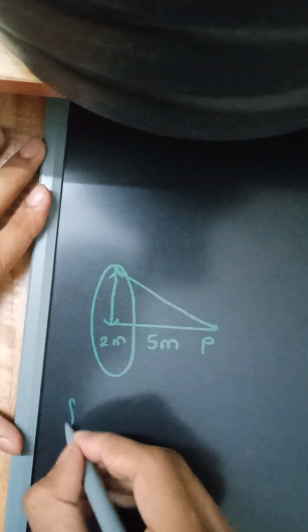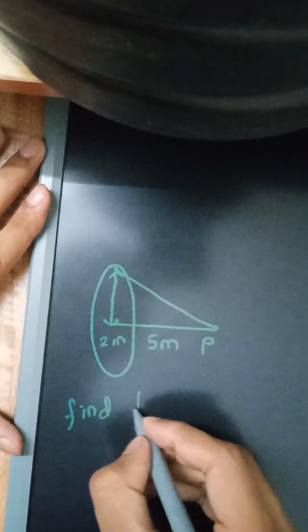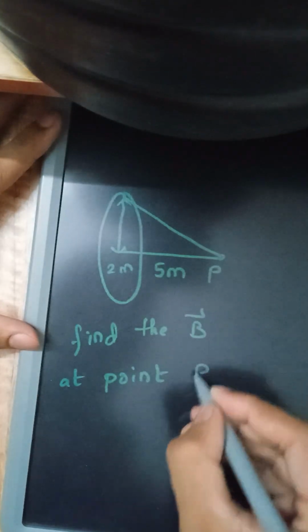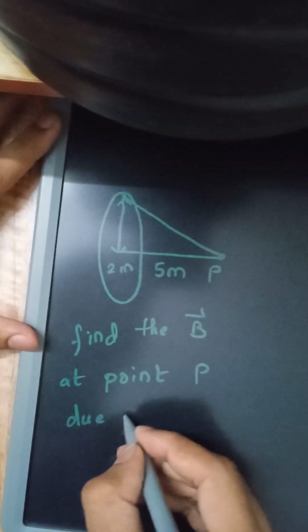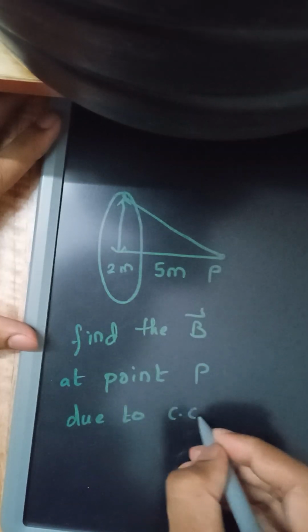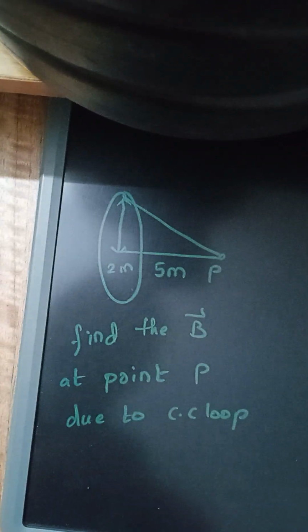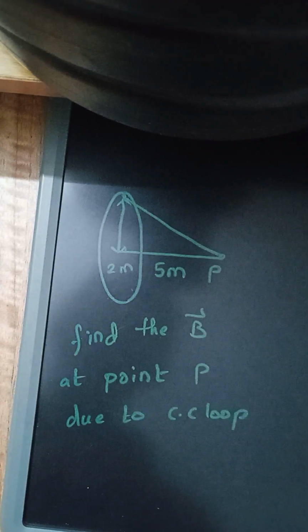Note down this question. Find the magnetic field at point P due to current carrying loop. Take this question as homework and solve it and comment down the answer.